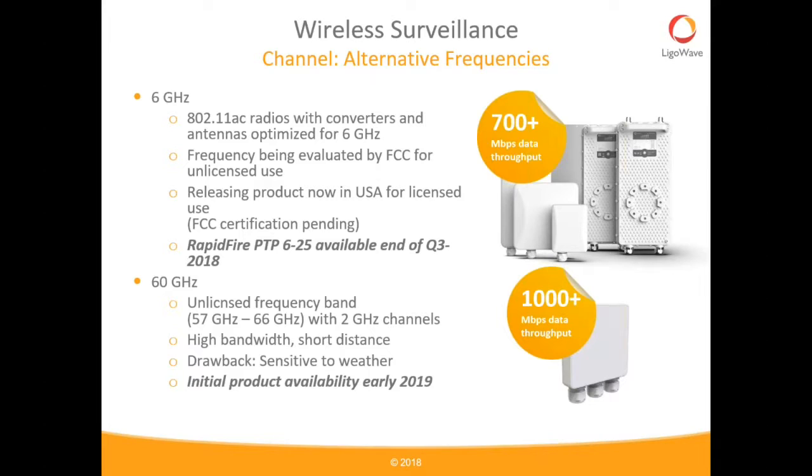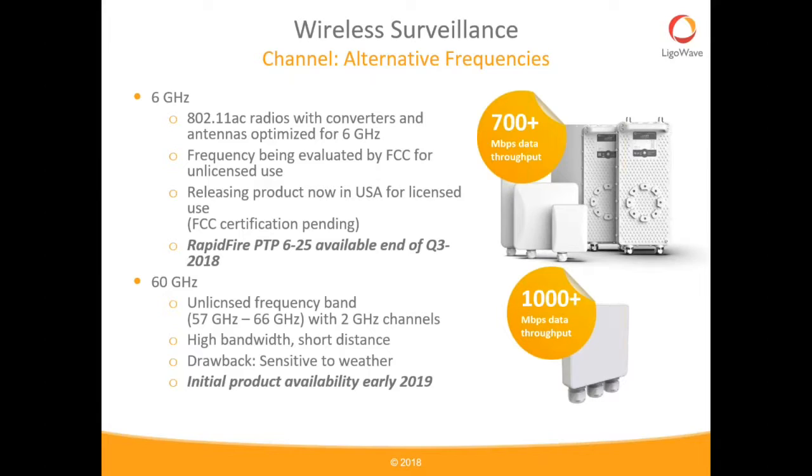However, at 60 gigahertz, you actually have to start worrying about things like rain and fog and snow, because those will actually serve to attenuate the link. Right at 5 gigahertz, I can ignore weather effects from water, but at 60 gigahertz, I can't. But you will see these kinds of products from us probably in very early 2019.